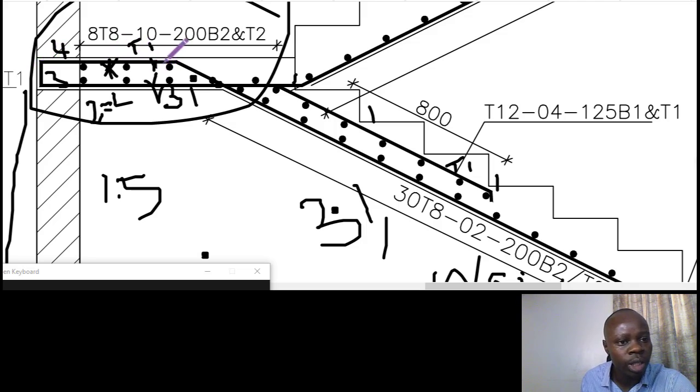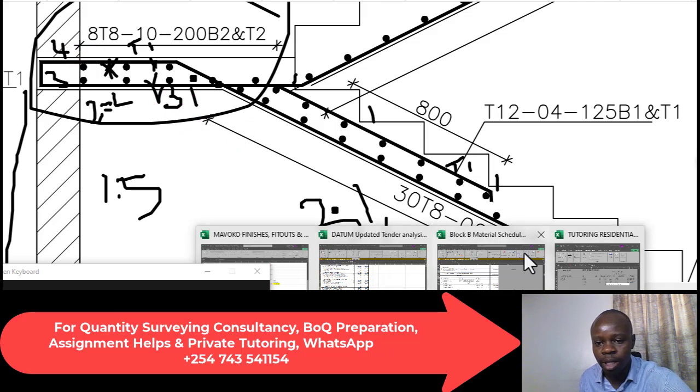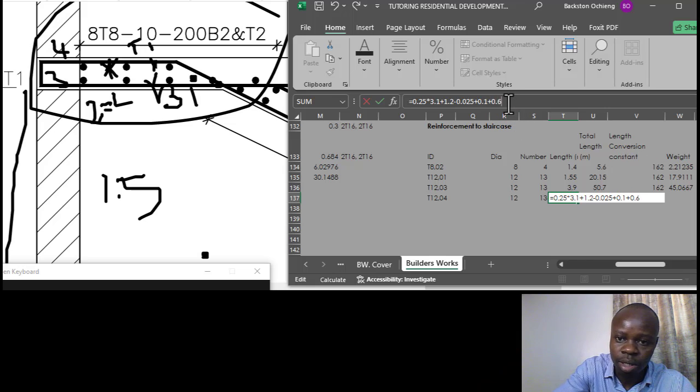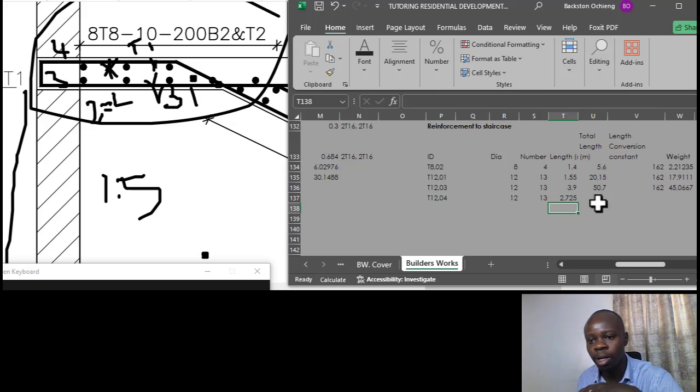So 500 plus 200 is 700, and 700 minus 25 is 675. So that gives us 0.675 as the total length of one bar.